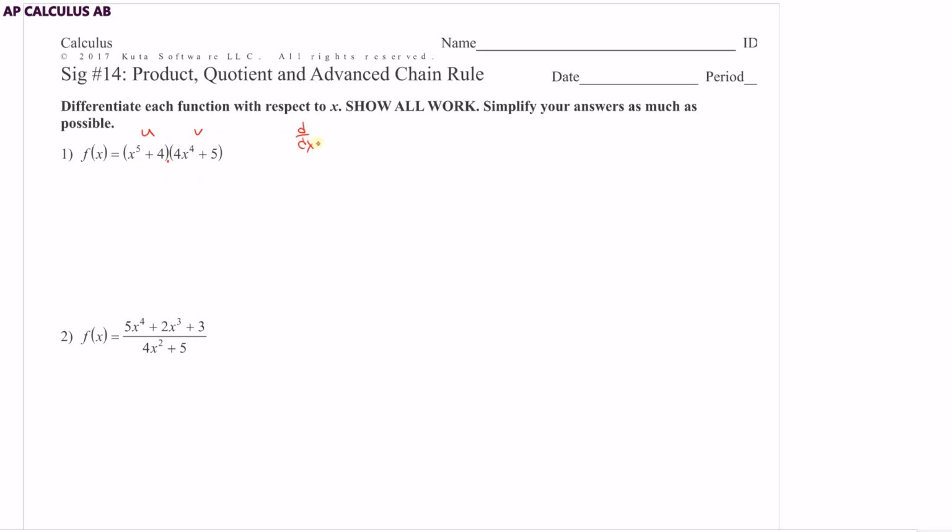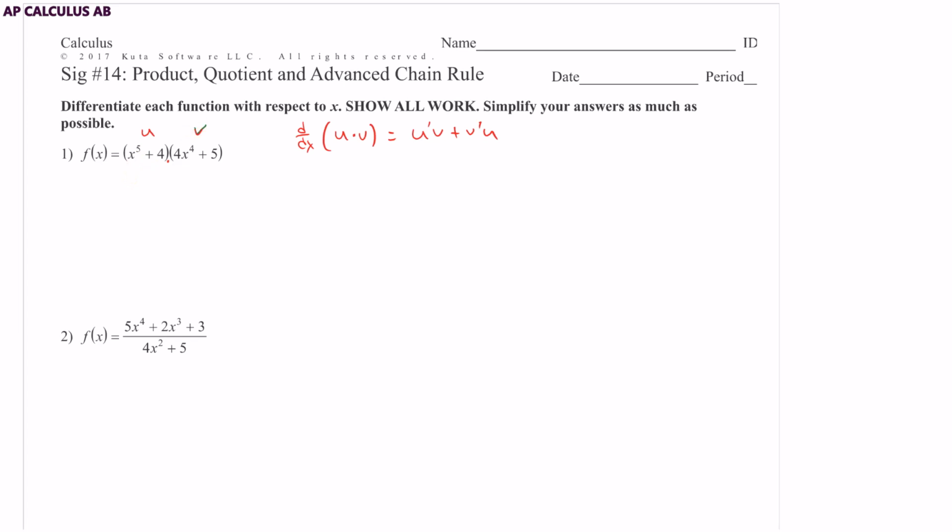So the product rule is if I'm taking the derivative of two functions that are being multiplied, it's u prime v plus v prime u, right? The derivative of the first times the second plus the derivative of the second times the first. So this one, u prime is going to be the derivative of this first piece. Maybe just do this in color here.